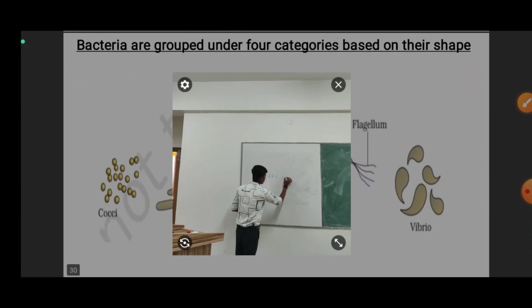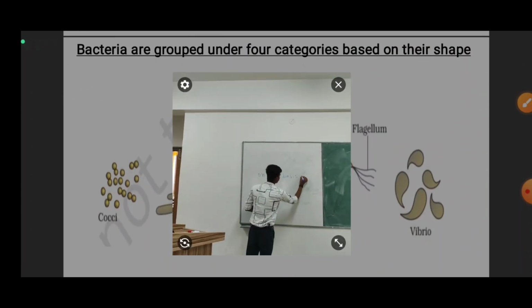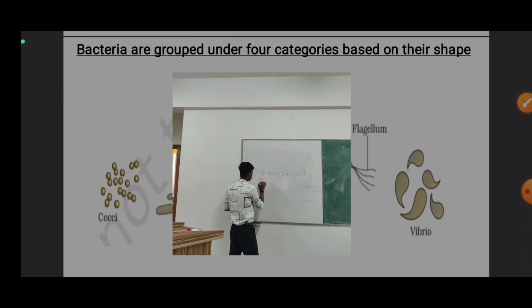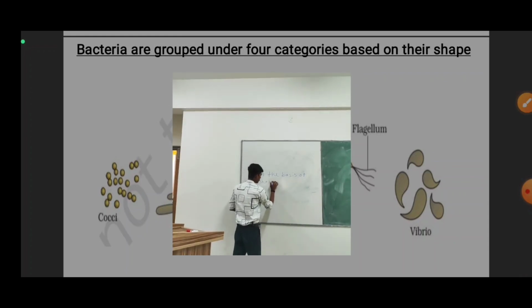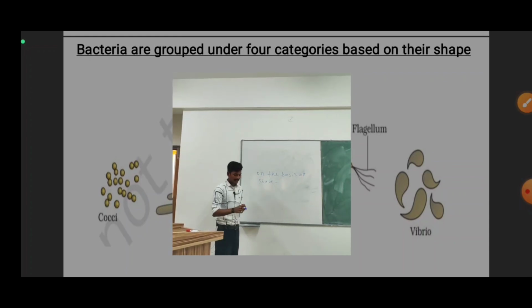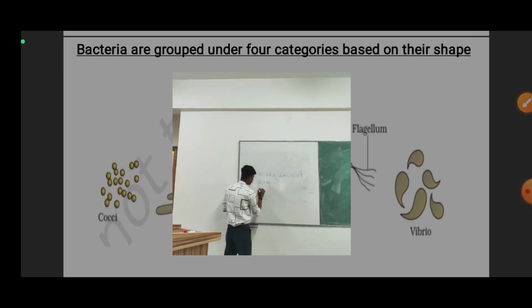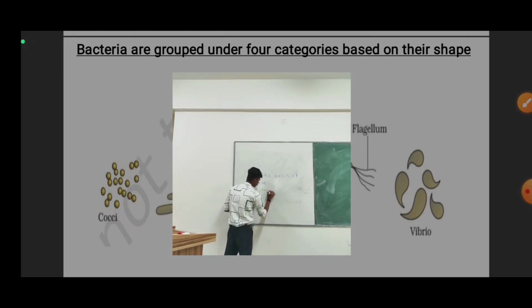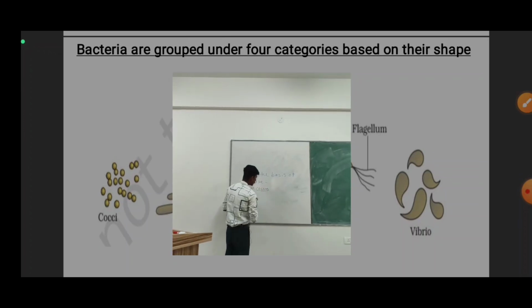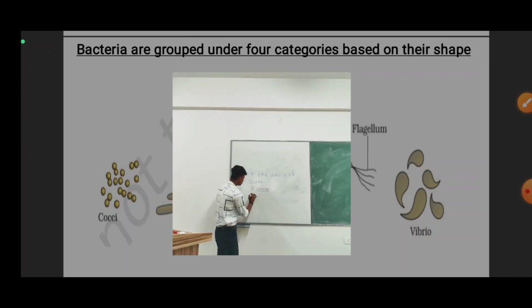On the basis of shape, bacteria are categorized into four groups. The first group is coccus. Another group is vibrio.